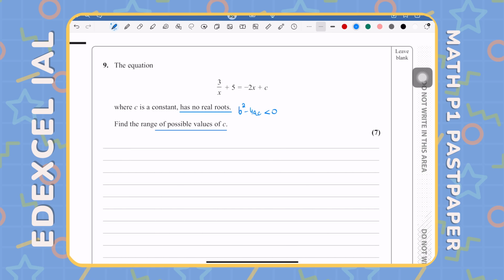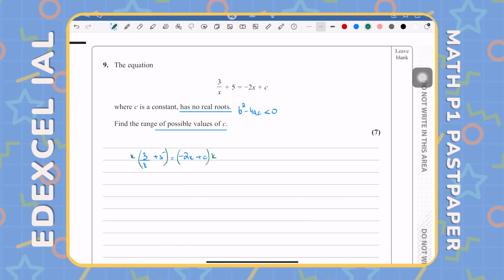Okay, now before I can plug in the values of a, b, and c, I need to first cross multiply and make a quadratic equation out of it. So first let's just copy paste the equation. So we have 3 upon x plus 5 is equal to minus 2x plus c. What I'm going to do is multiply both sides of the equation by x.